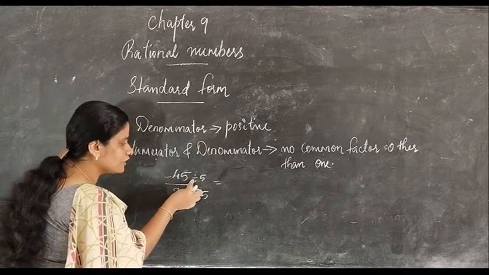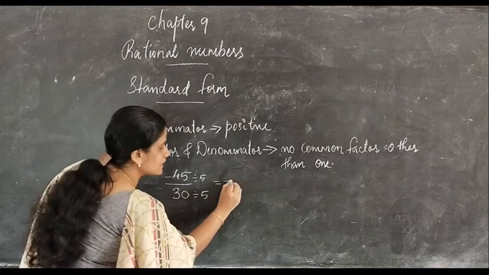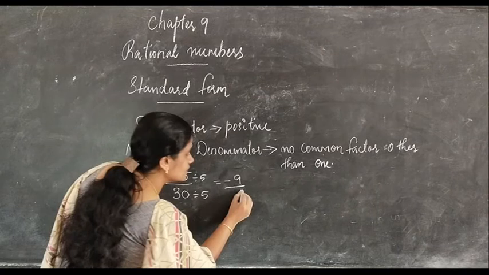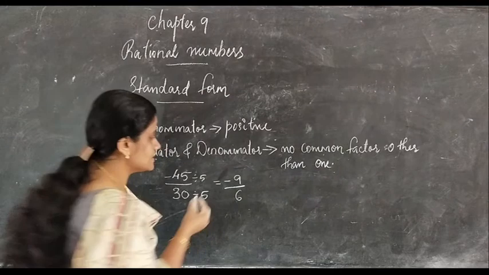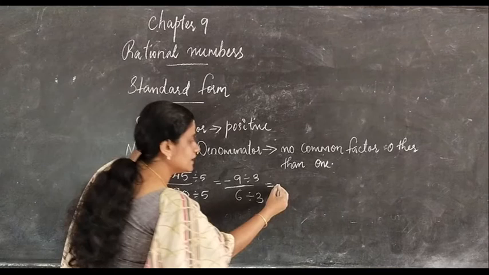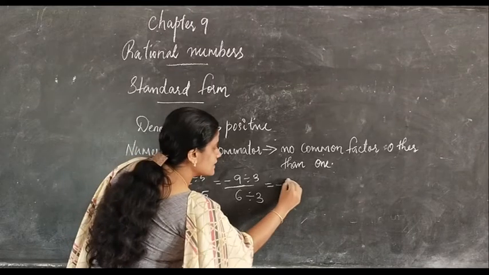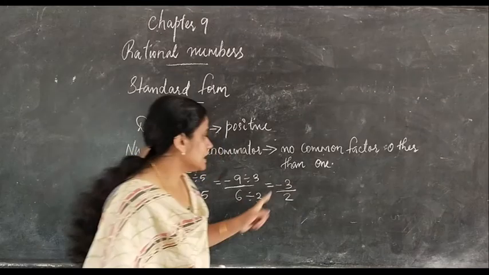Negative 45 divided by 5 is negative 9, and 30 divided by 5 is 6. Again, you see 9 and 6 have a common factor 3. Now we divide by that common factor: negative 9 divided by 3 gives negative 3 by 2.